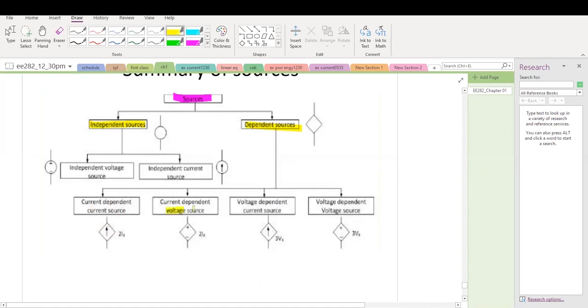This is a voltage source, but it's controlled by current. The source is a diamond with a plus sign and a negative sign, a voltage source. And this is a controlled current source. It has the direction of the current, but it's voltage controlled. There's a Vx, 3Vx. The quantity here can be anything, 2, 3, minus 5, whatever. And this is a voltage source whose controlling factor is voltage. It's a voltage controlled voltage source.